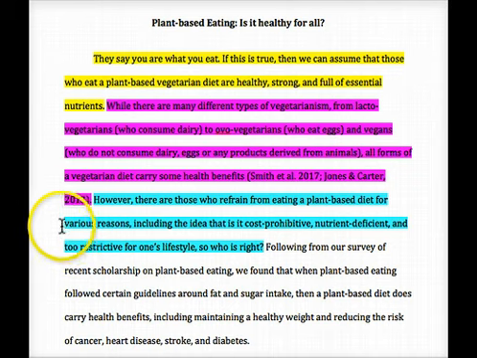These are the various reasons why someone might not want to follow plant-based eating, why somebody might say, no thanks, I don't want to follow a plant-based diet. That's basically presenting counter arguments, which I think is always a good idea in any research paper.